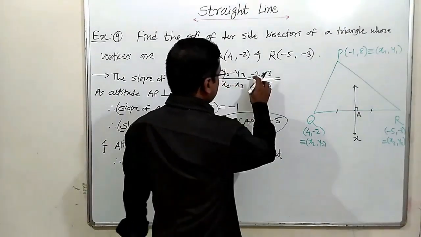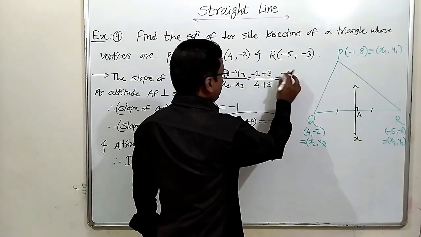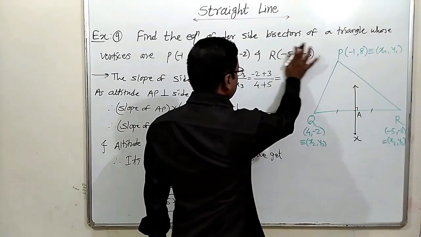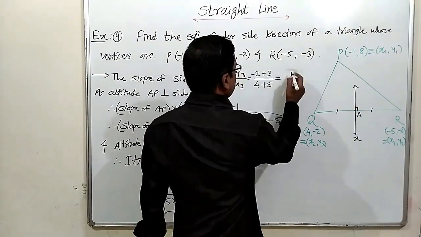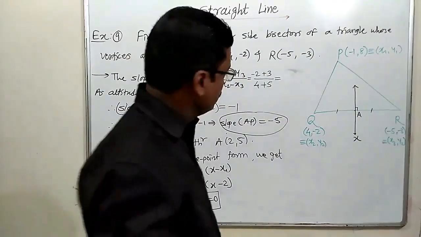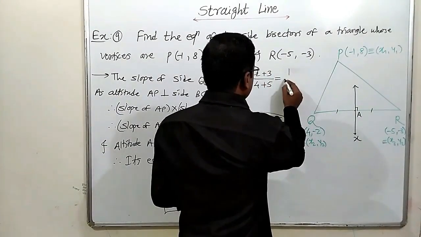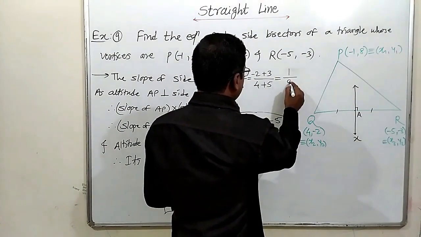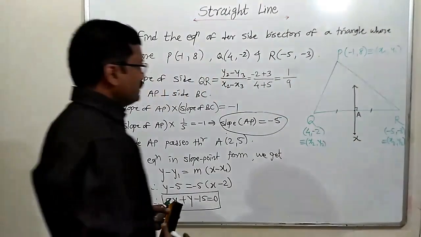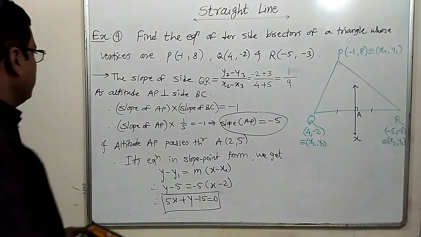So -2 plus 3 is 1, upon 9. So the slope of QR is 1/9.